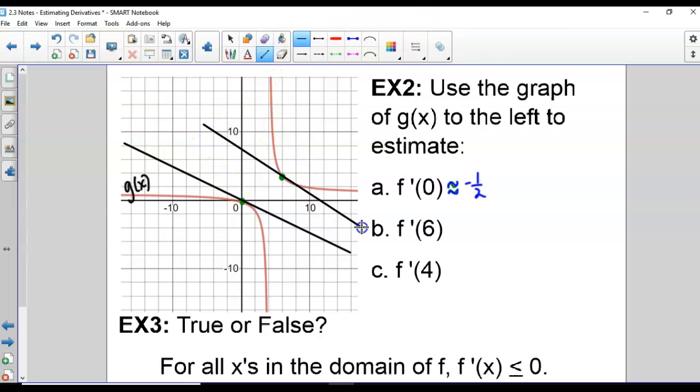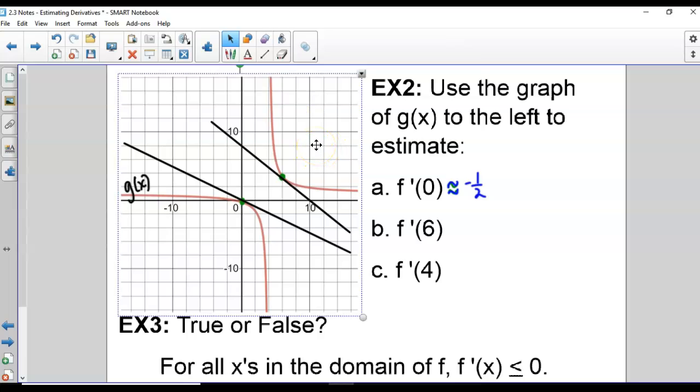So if we put a line through here and kind of mess with it a little bit, that looks pretty close, I'd say.